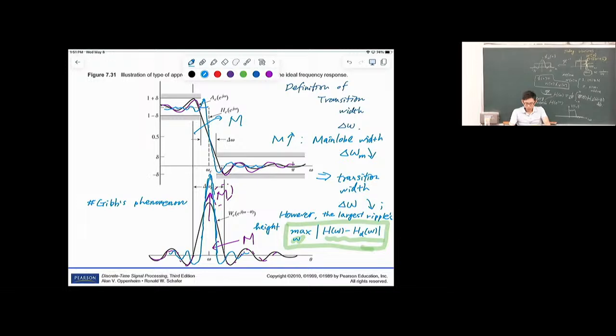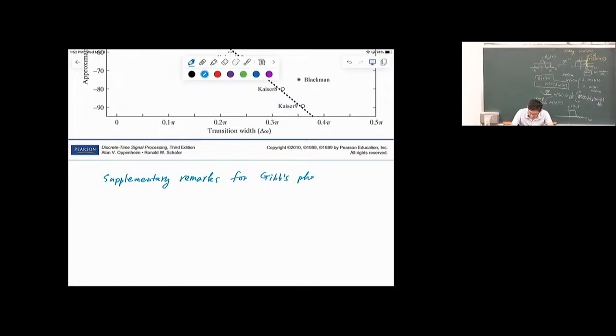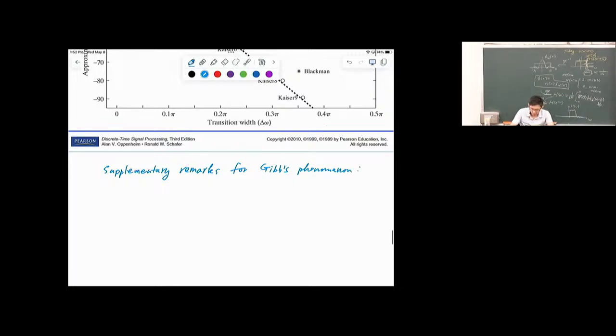So roughly speaking, let me also make some extra discussion for Gibbs phenomenon, kind of a supplement. I have some remarks. Suppose that the length of w[n] is, let's say, 2m plus 1, and the resulting design's impulse response is h[n].